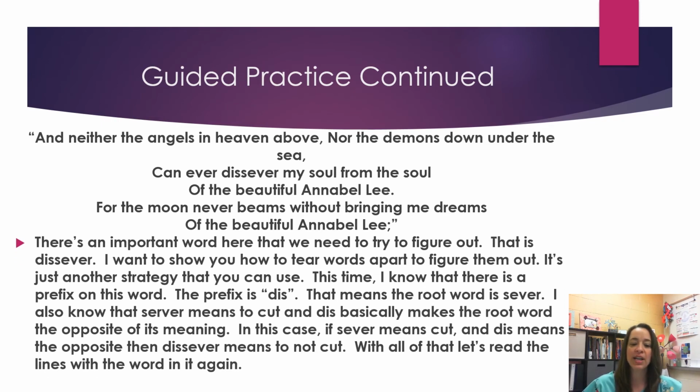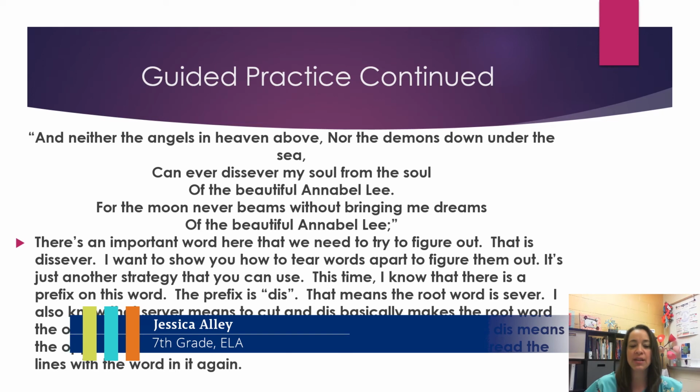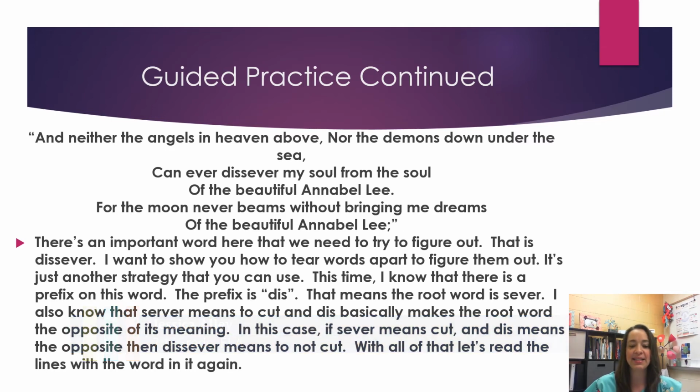There's an important word here that we need to try to figure out. That is dissever. I want to show you how to tear words apart to figure them out. It's just another strategy that you can use. This time, I know that there is a prefix in this word. The prefix is dis. That means the root word is sever.